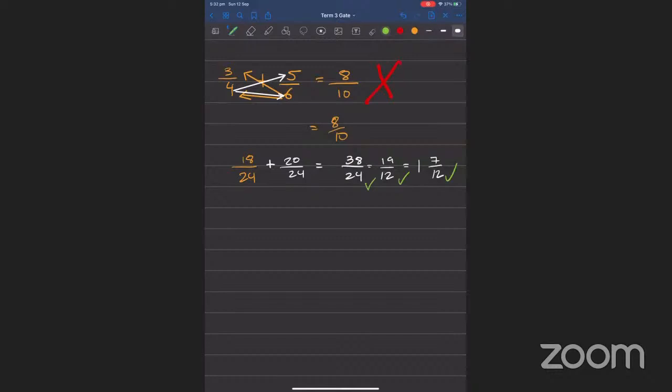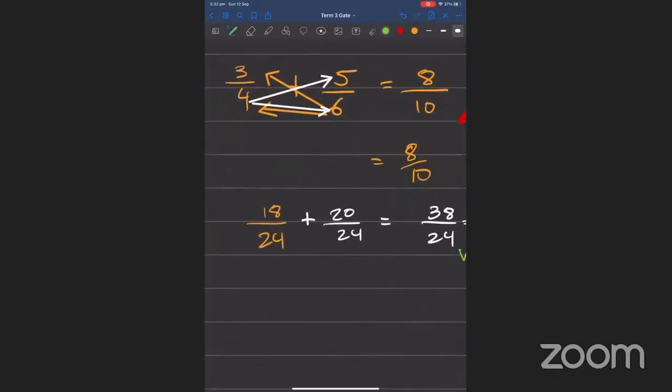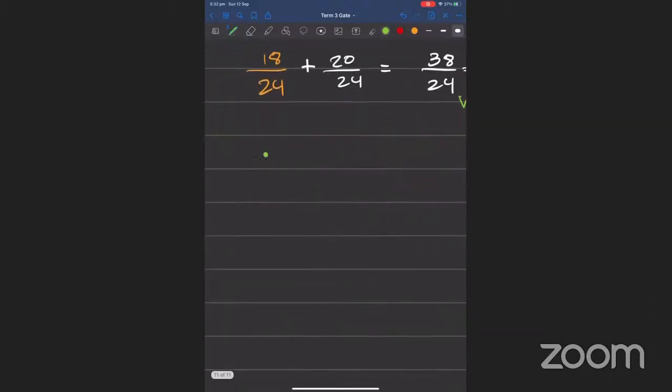So that method, what Hirash did here, multiplying the top and the bottom by the same number, is really hard when I get a big number. Let's just say my question was 6 over 19 plus 13 over 215.